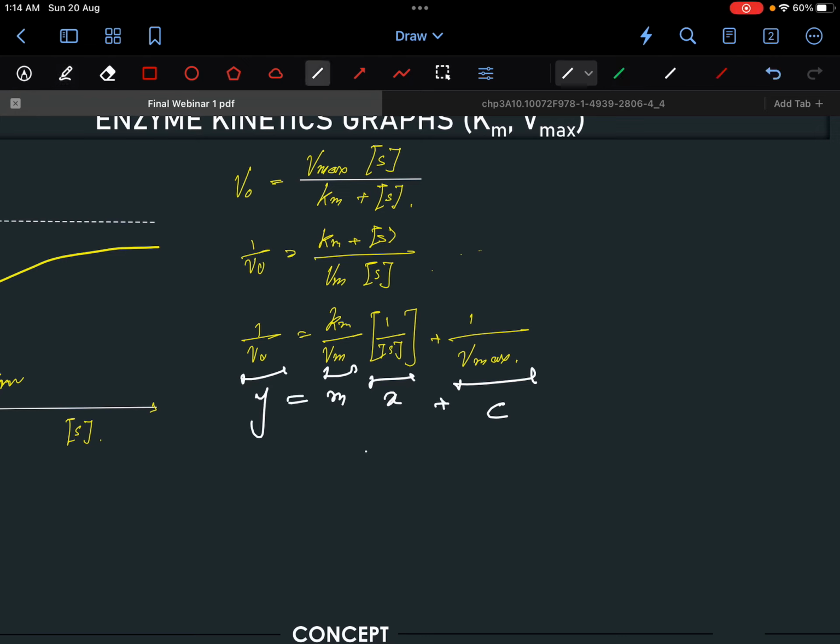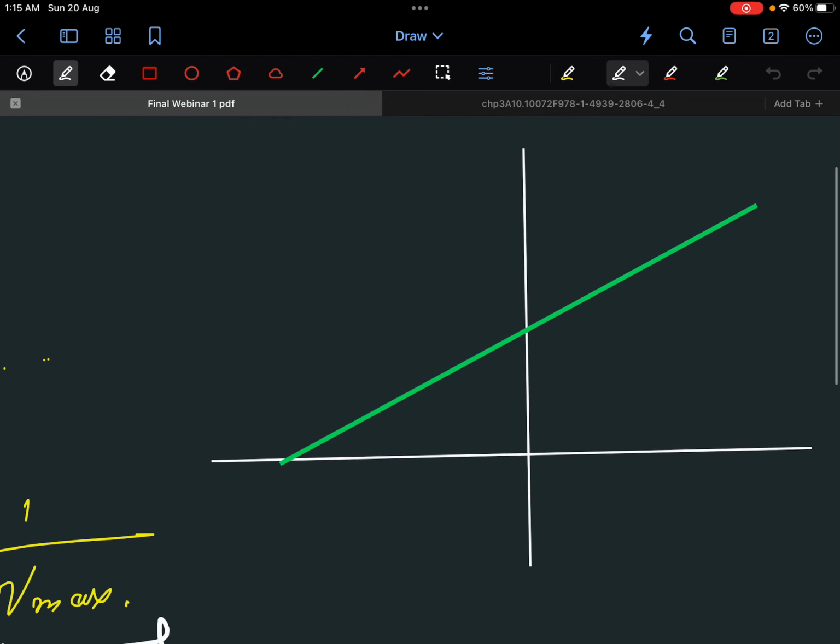So let's plot y equal to mx plus c. This is y equal to mx plus c. And what is the m? Let me just change the thickness.